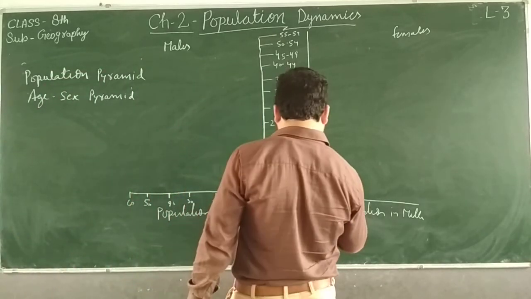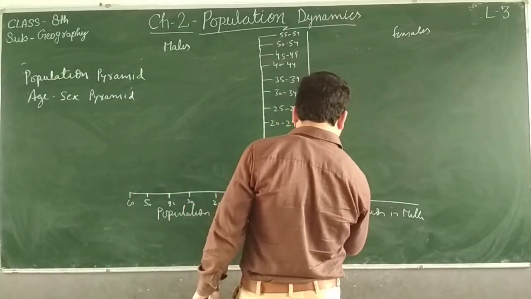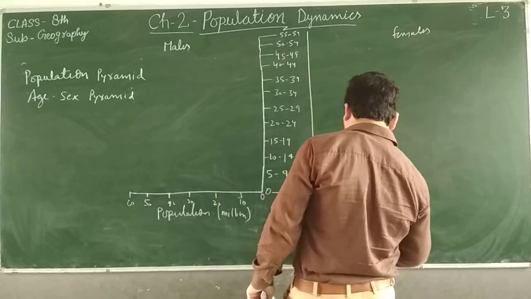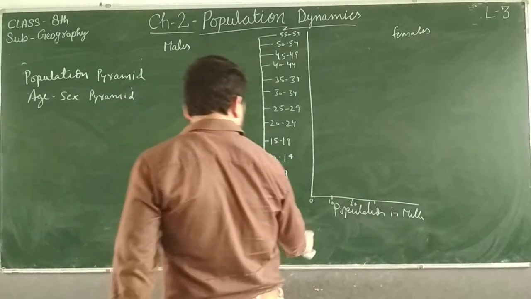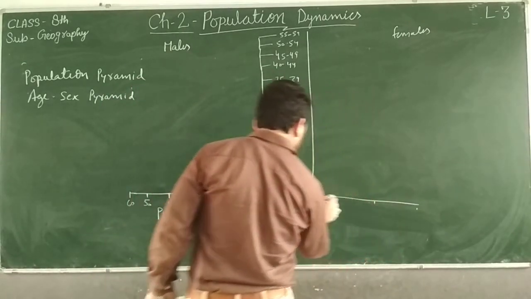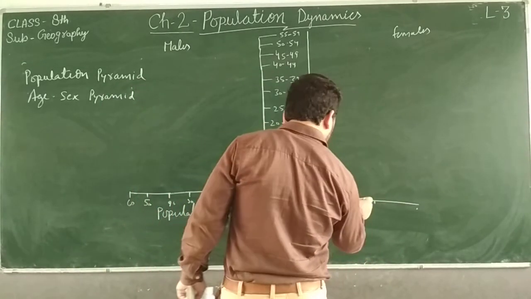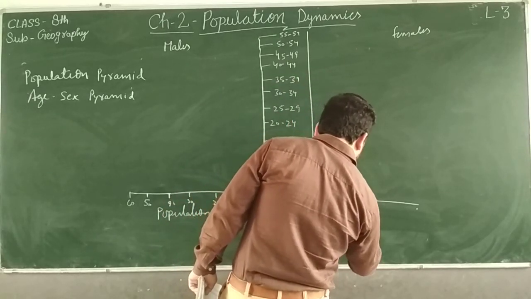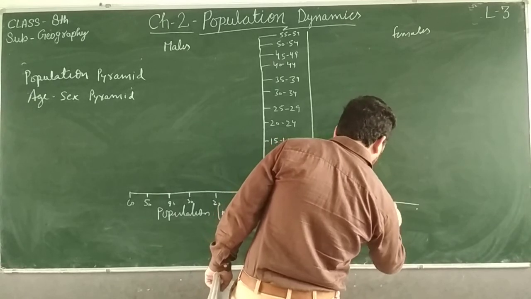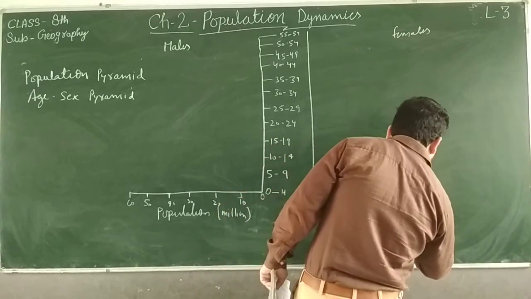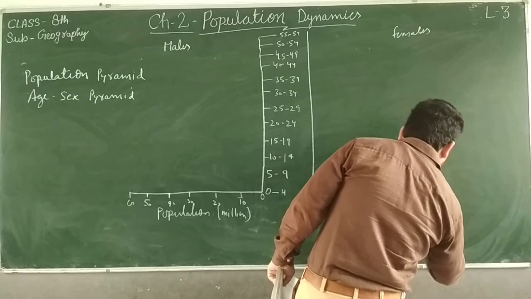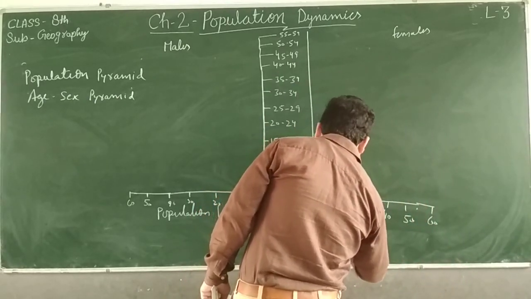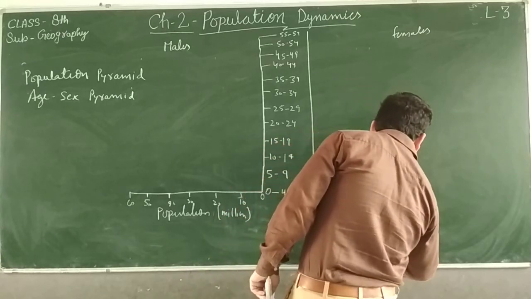Likewise here we can say 10 million, 0 million, 20 million. Here we can write 0, 10, 20, 30, 40, 50, and this is 60. This is population, the same thing in millions.